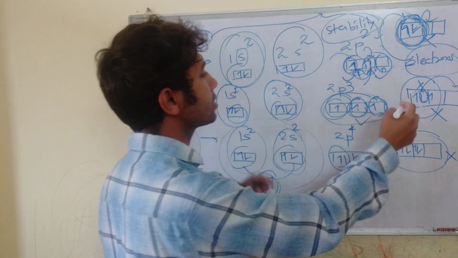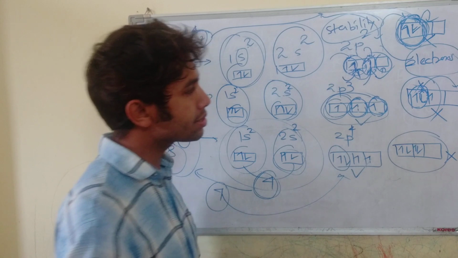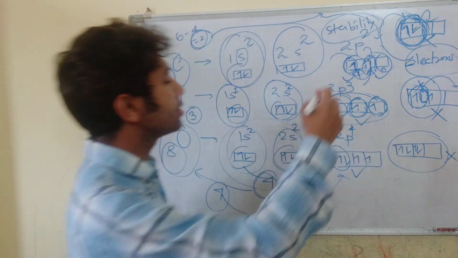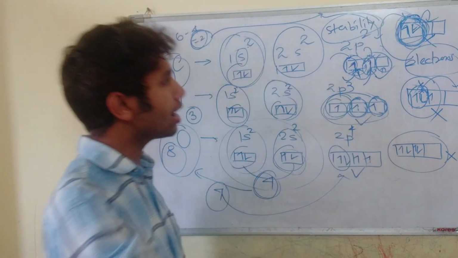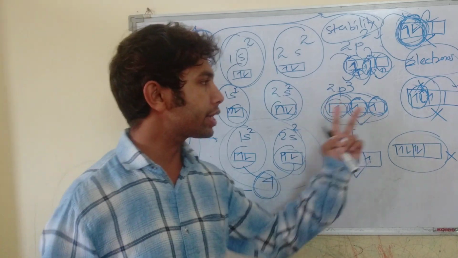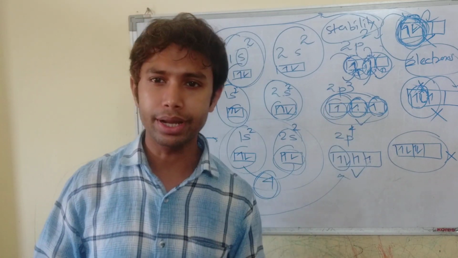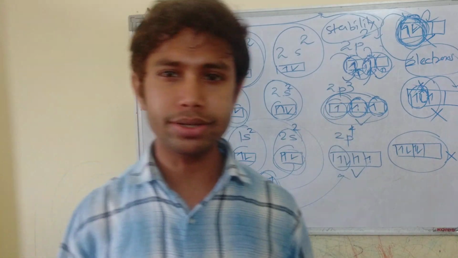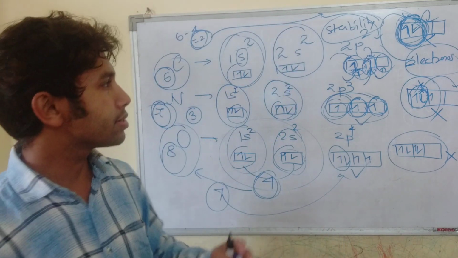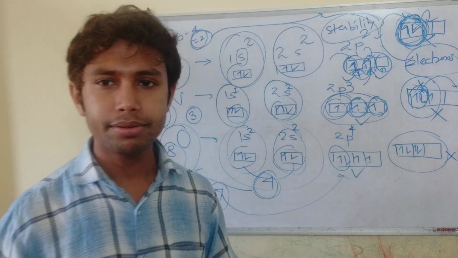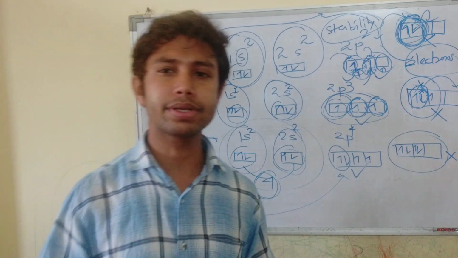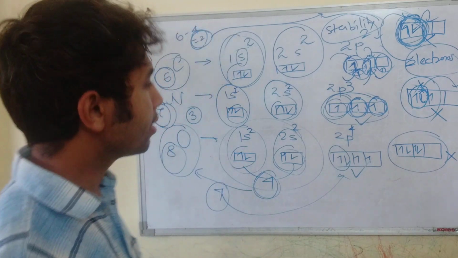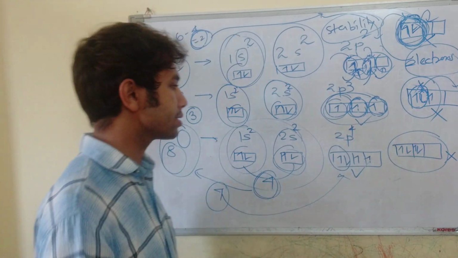Here the distance is very less, so repulsion is very high. By putting them far apart, we minimize the repulsion, and then their stability becomes higher as energy becomes lower.